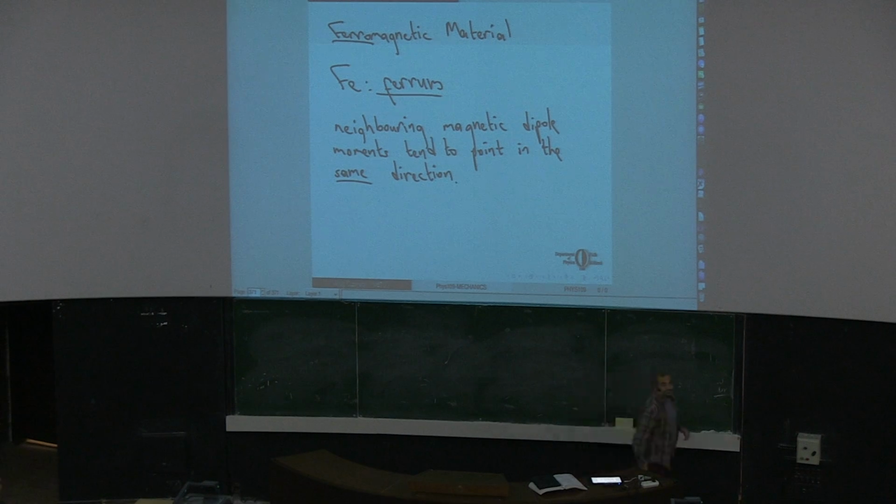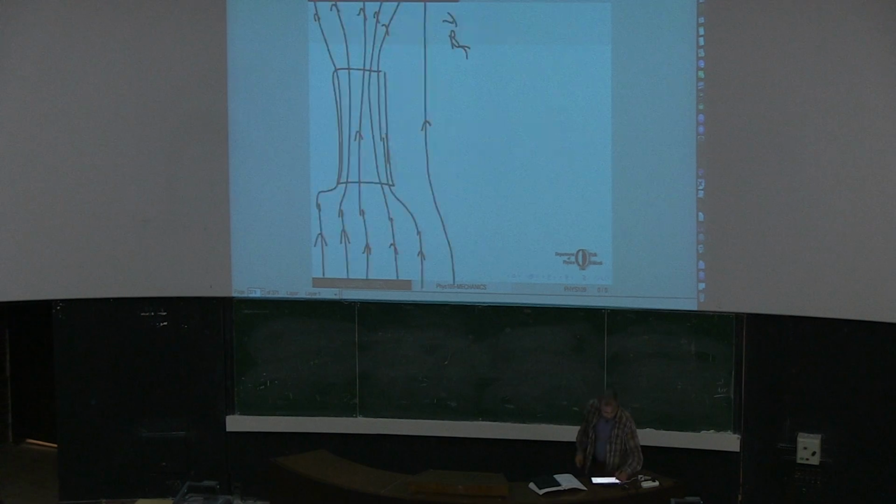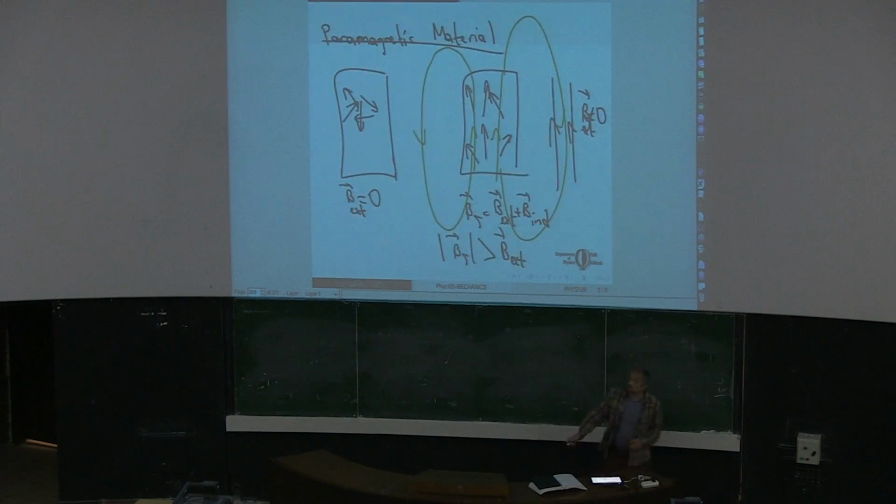So this is what gives ferromagnetic materials their distinctive characteristics. For example, you take a paramagnetic material, and when you bring a magnet close to it, an external magnetic field, it will be magnetized.